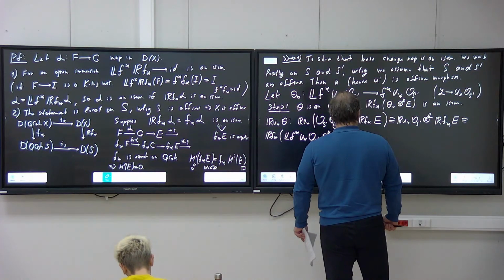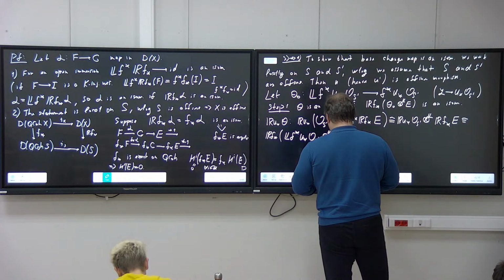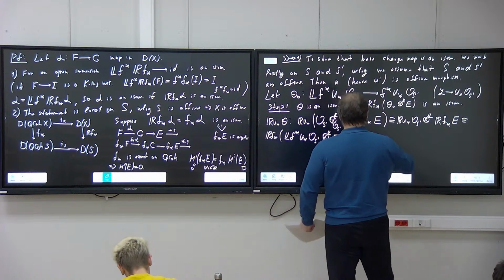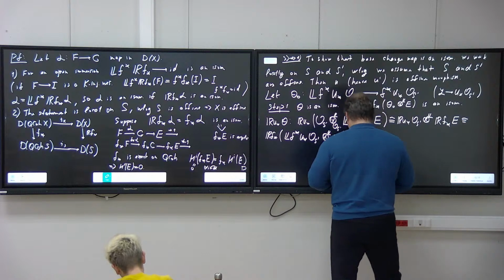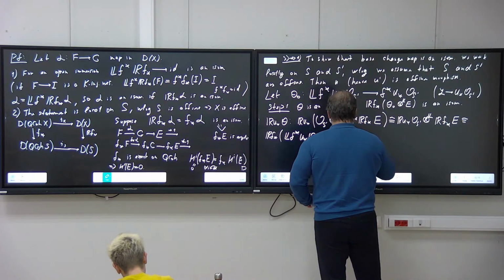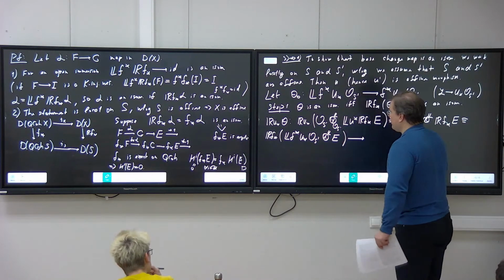Since this is just an affine map, I don't need to derive it, so I can skip the R. So this is what was on the source of the map theta.